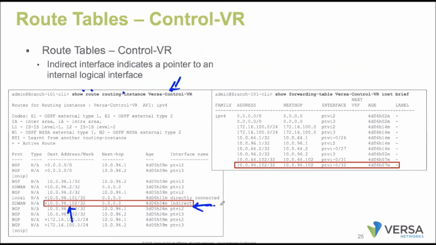Wherever it shows an indirect interface, it indicates a pointer towards an internal logical interface, which is nothing but the dynamic tunnel interfaces. Wherever you find the next stop and the outgoing interface as indirect, what does it specify? A dynamic tunnel.